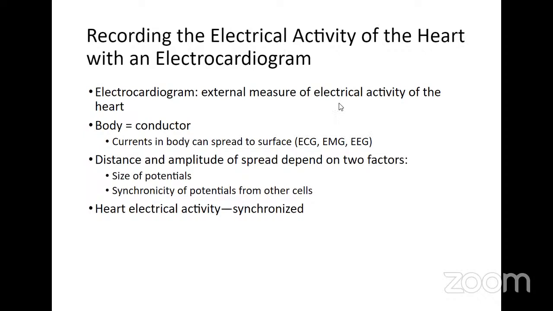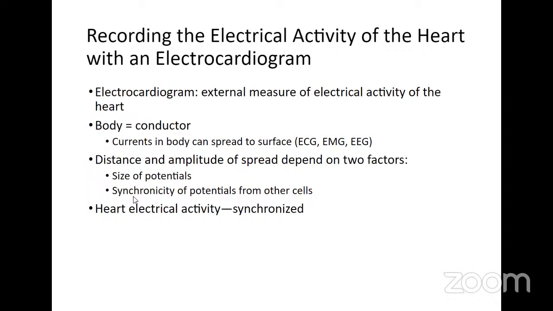EMG and EEG, so when you're looking at muscles, brain waves, all these things work kind of the same, in that you're using the body as a conductor to sense electrical signaling somewhere in the body. We can do this because it's kind of predictable how the electrical waves will travel.